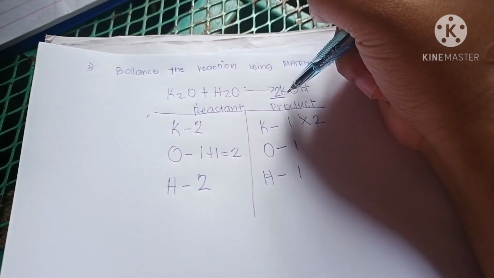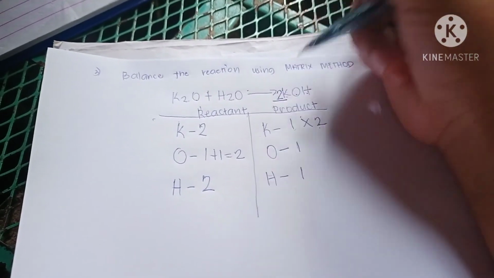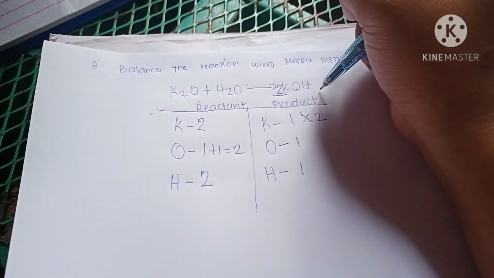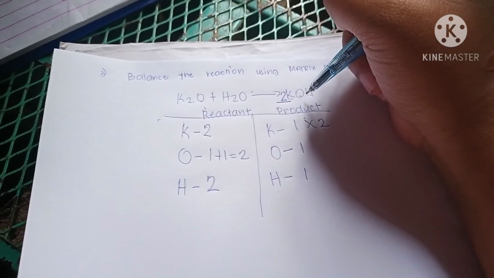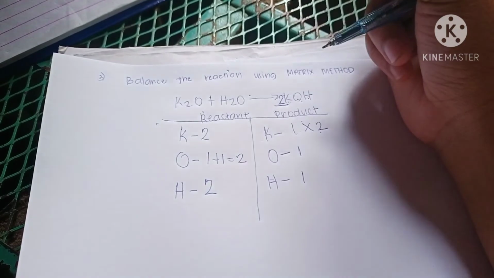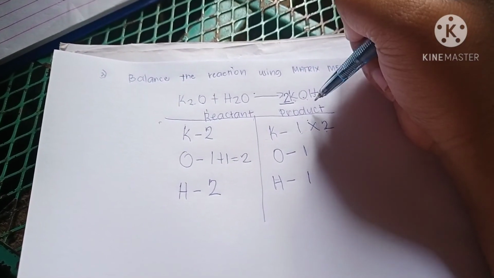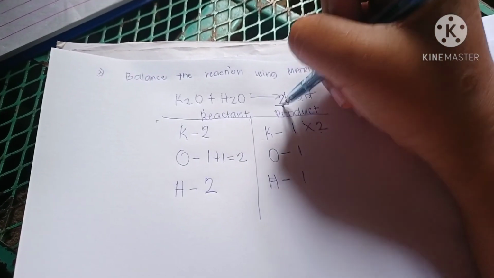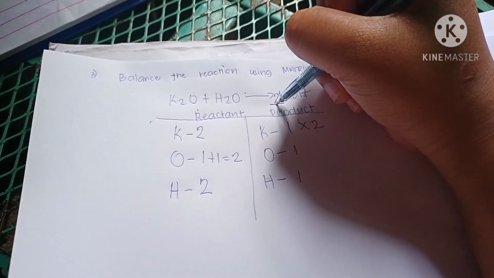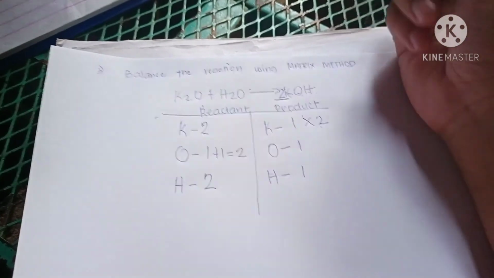So, nganong diri ra man nato ibutang ang 2? Well, simplified na siya. Like, dili na nato kailangan magbutang diri og 2. Dili na nato siya i-expand, instead ato siyang i-simplify. So it became 2. So this coefficient is for the 3 ka elements.